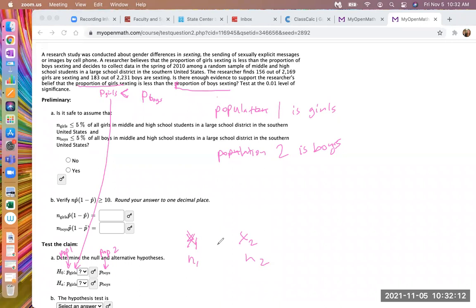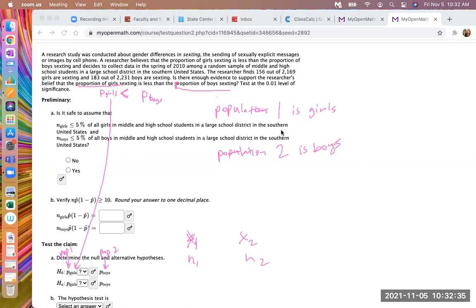So first of all, they said the number of girls in our sample, that is the 2,231, I think. No, that's the 2,169. Is that number less than 5% of all the girls in middle school or high school in a large school district in Southern California? Most likely.